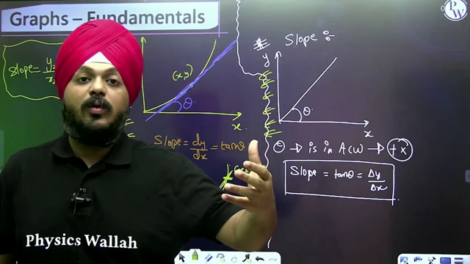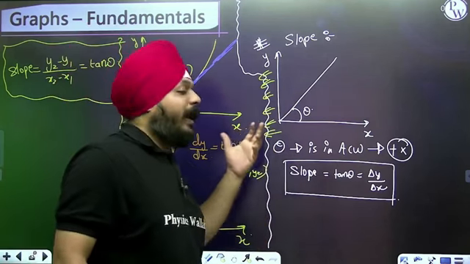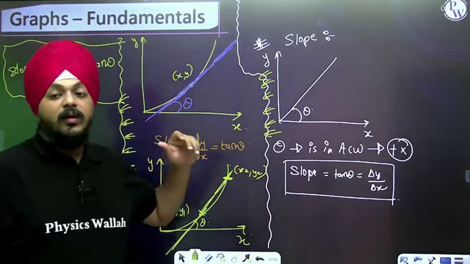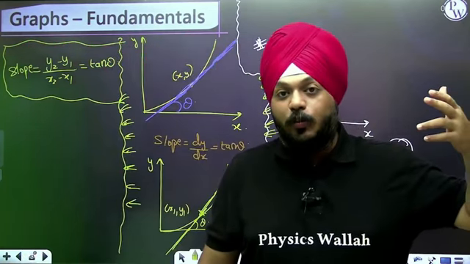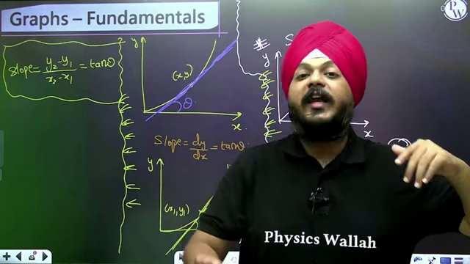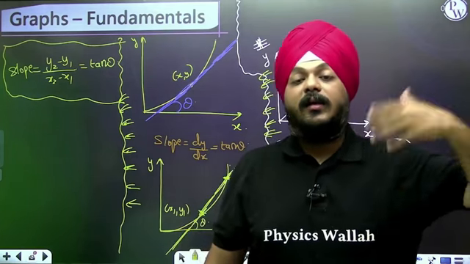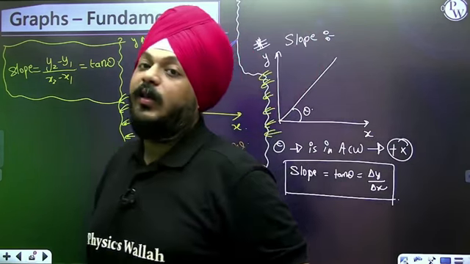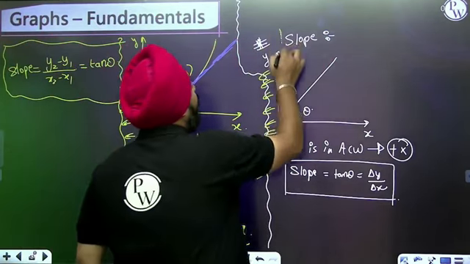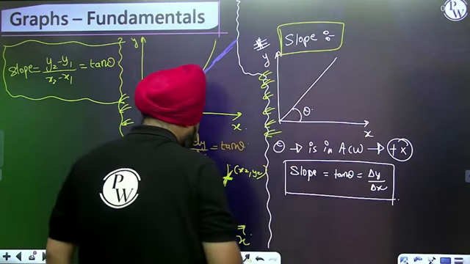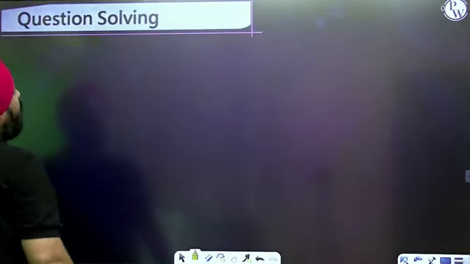If it is a parabola kind of thing, directly you can move on. If it is not a parabola but an irregular curve crossing through more than 1 point, then you can draw the secant. And lastly, for the straight line, you can calculate the slope. So this was the first fundamental of the graph, that is known as slope. Let's move on to the next one.